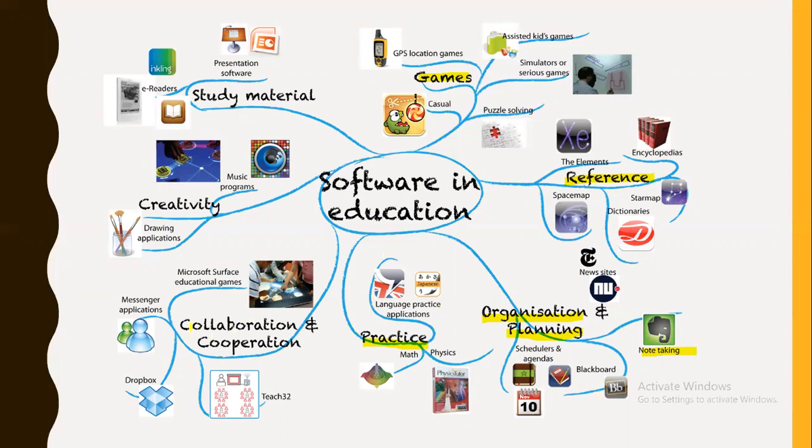A wide range of softwares is also available for collaboration and cooperation. For example, these days we are conducting online classes and using many softwares like WhatsApp and Zoom to record the lectures.